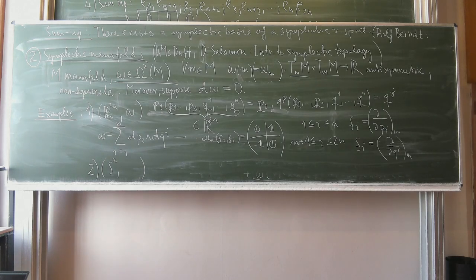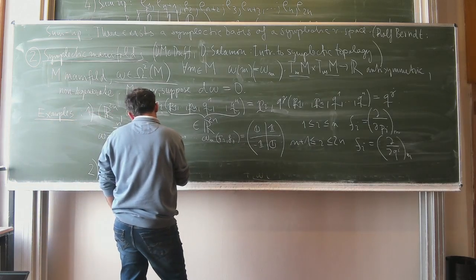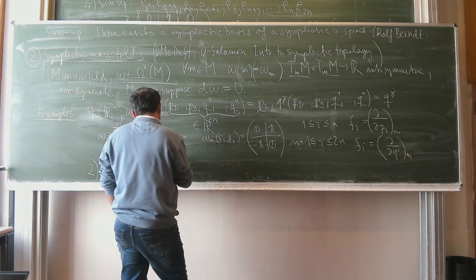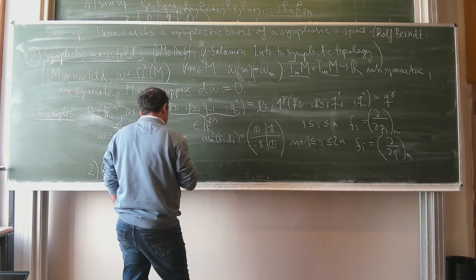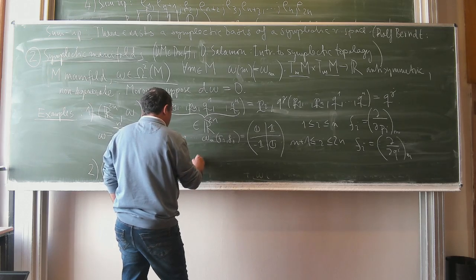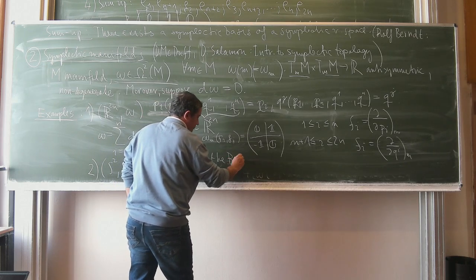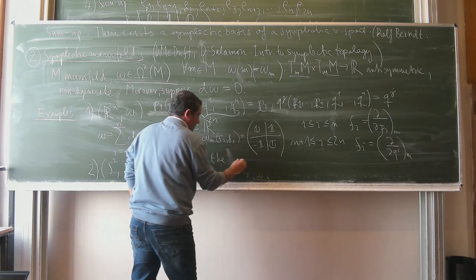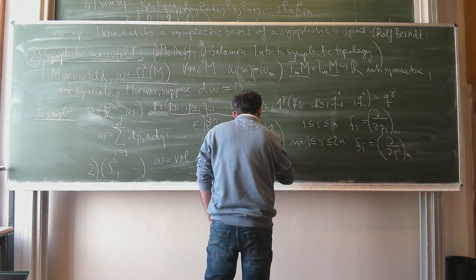We search for a two form which is non-degenerate. So we can take the volume form of the round Riemannian metric.